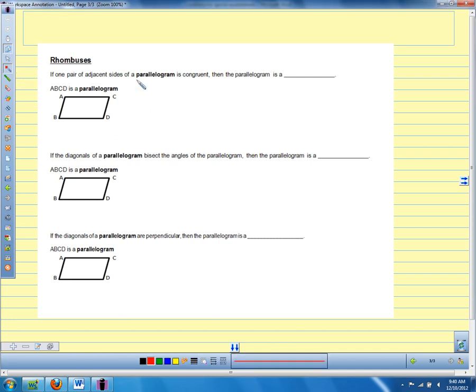So for the first one, if one pair of adjacent sides is congruent, then the parallelogram is a rhombus.